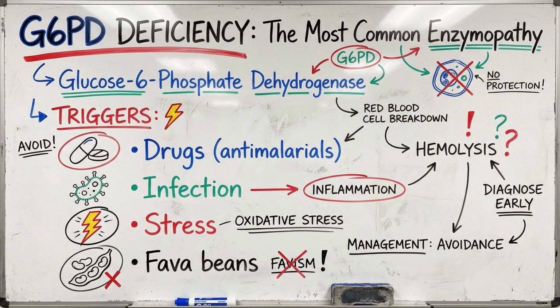Patients with G6PD deficiency are usually perfectly fine until they encounter an oxidative trigger. This could be certain drugs like some antimalarials, or a severe infection, or even something as seemingly innocuous as eating fava beans. That's right, fava beans can trigger a hemolytic crisis in these individuals. It's a fascinating example of gene-environment interaction. Now let's see what happens inside the cell when that oxidative stress hits.